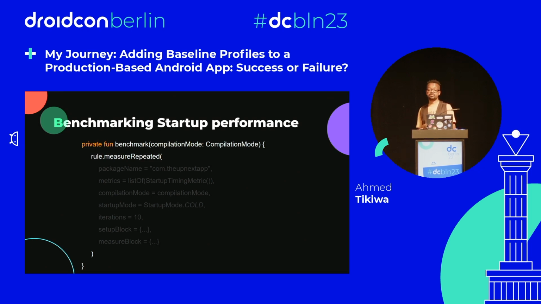The measure repeated function has several parameters. The first one is the package name, which is the app under measurement. Then it has the list of metrics to be gathered or measured. In this case, because I'm testing the startup, I'm going to be using the startup timing metric as part of this benchmark. Then it has the type of compilation mode that will be benchmarked in this particular test.